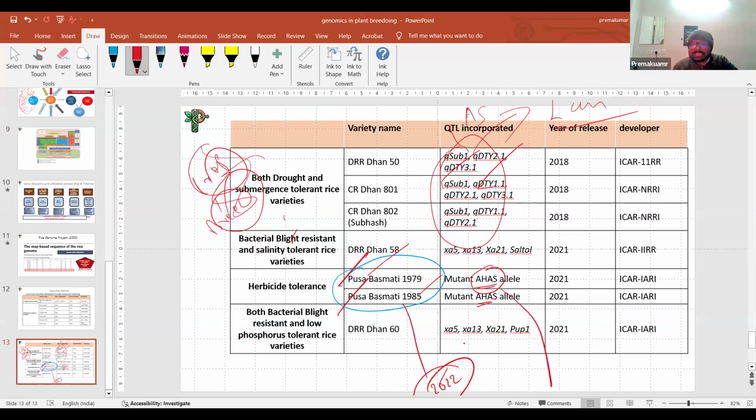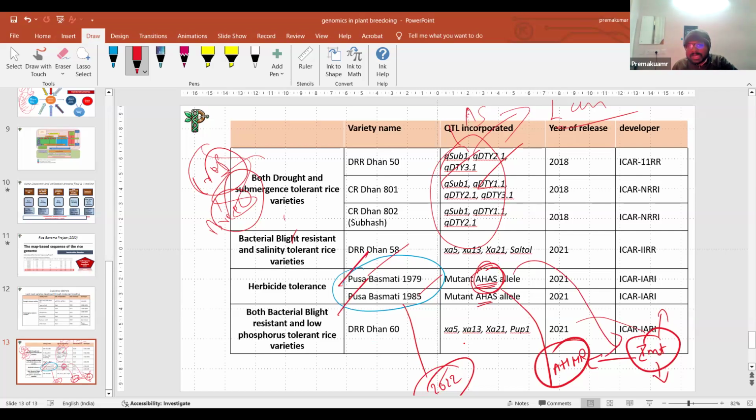This AHAS gene is inhibited by the herbicide called imidazopyr. This is one of the prominent herbicides regularly used, but it is non-selective. If it is sprayed, everything is killed. But if you mutate this particular AHAS allele, then the plant will become resistant to the herbicide imidazopyr.